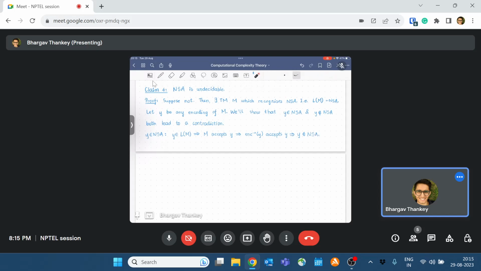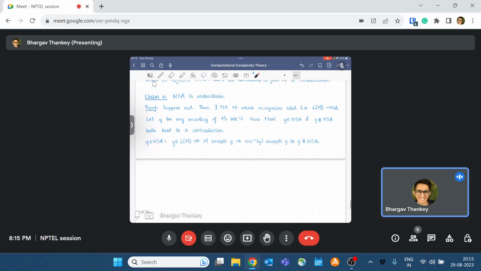Were the statements up to here clear? Now let's look at this last implication. Why is that true? NSA is the set of all strings Y such that N inverse Y does not accept Y, right?